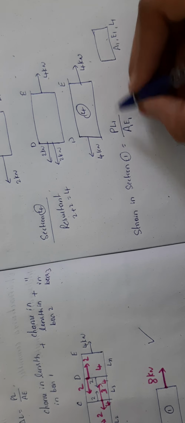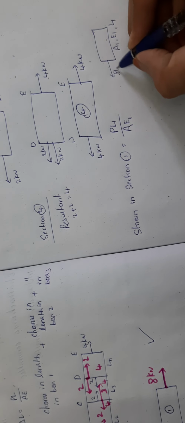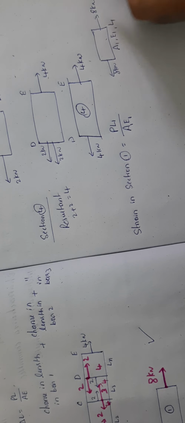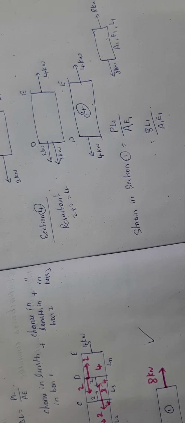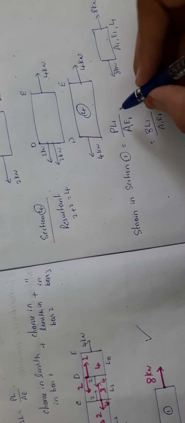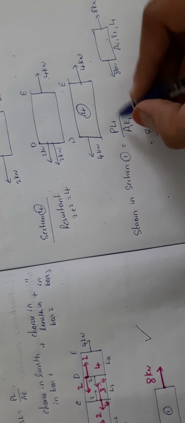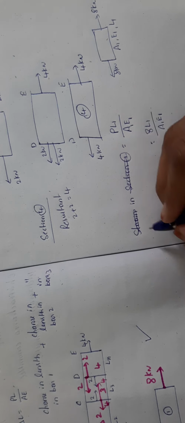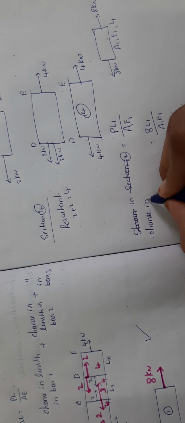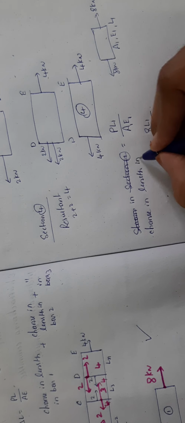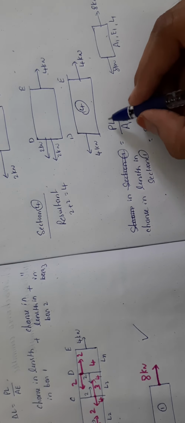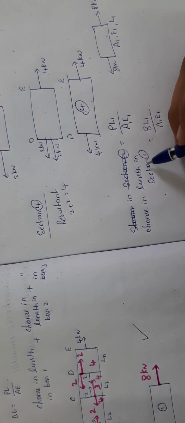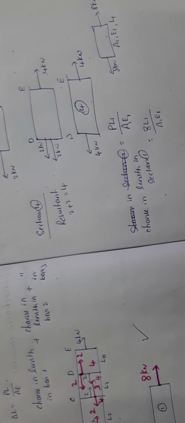P will be the load which is acting. This is 8 kilonewtons and this is also 8 kilonewtons, so it will be 8L1 by A1 E1. Actually this is the change in length. When you are calling strain, then you should not keep this L1. So the change in length in section 1 is PL1 by A1 E1.